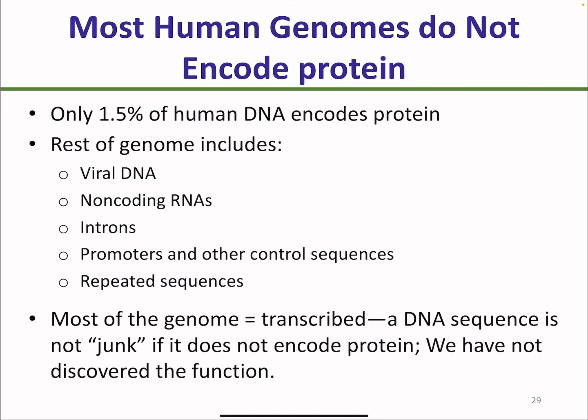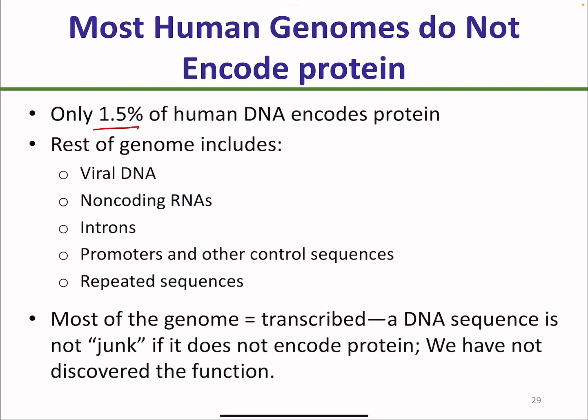All right. Now, when we consider the whole genome, we notice that altogether, only 1.5% of the whole genome encodes for proteins. We're going to wonder, okay, what is the need for the rest?